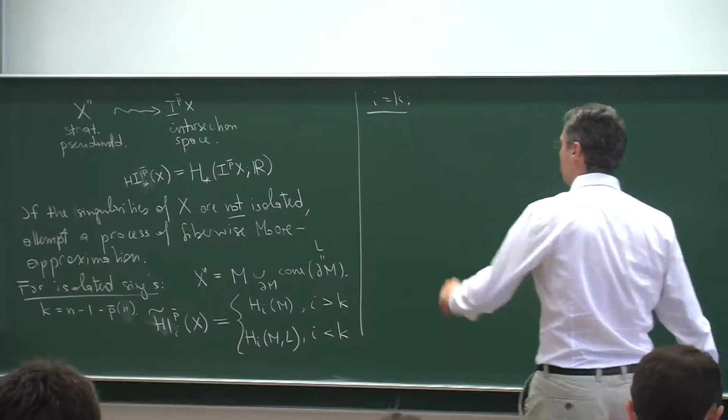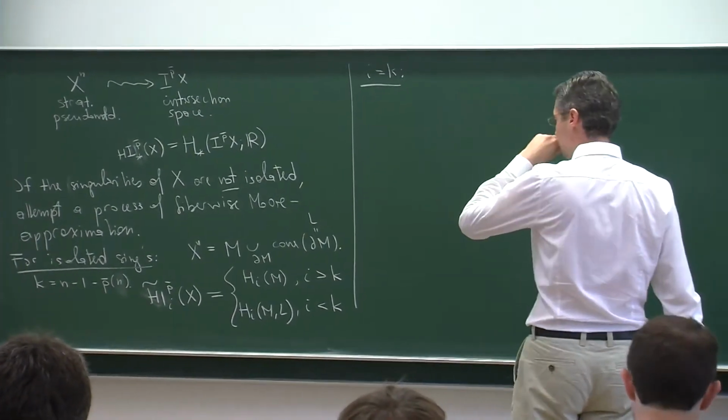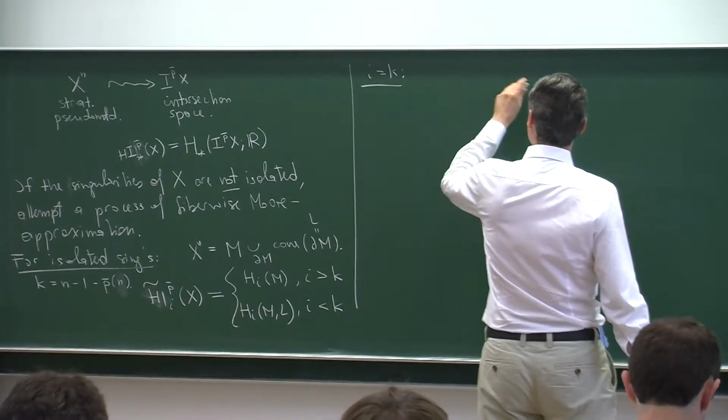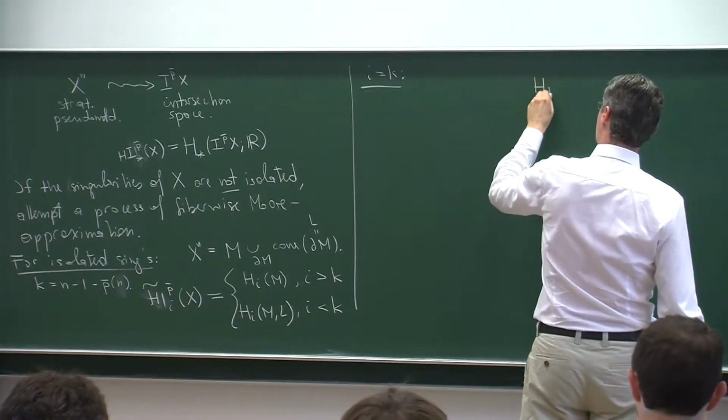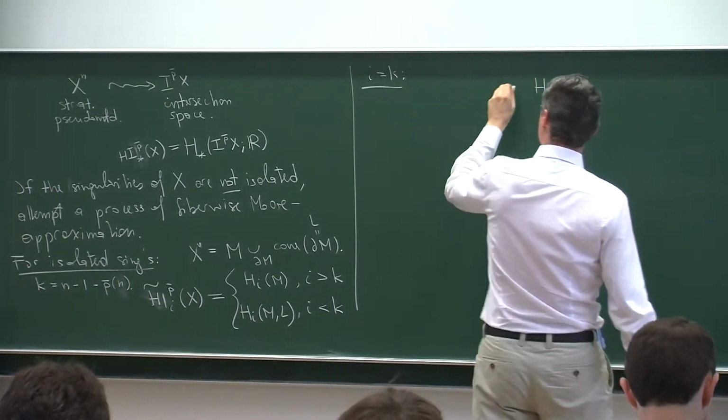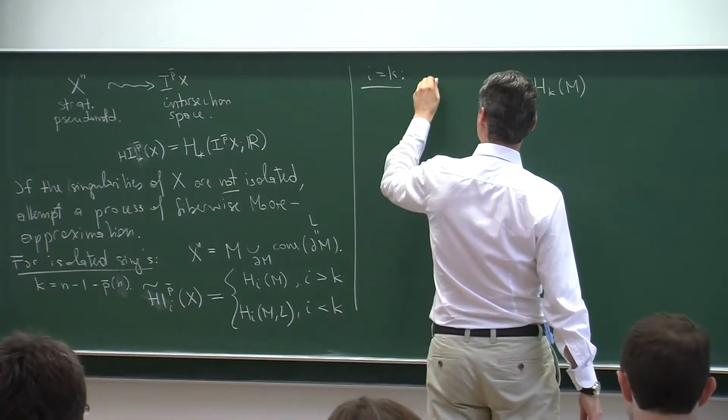In that case, you have the following T-shaped diagram of two exact sequences. Let's look at the kth homology of M. And in there is the kernel of a certain map.